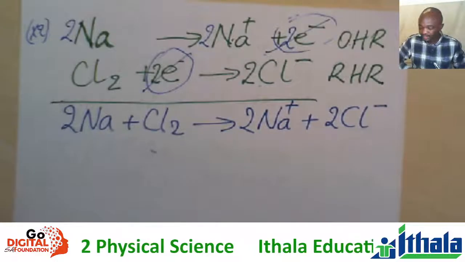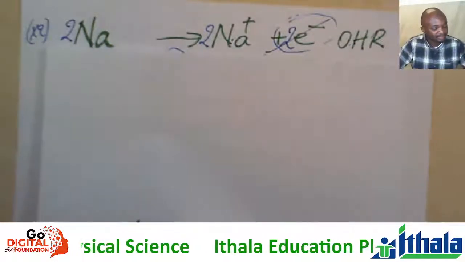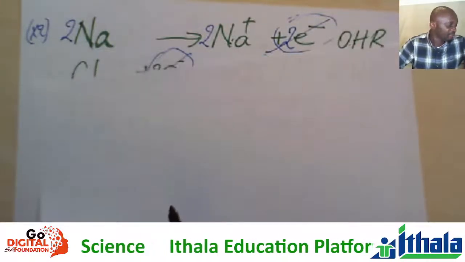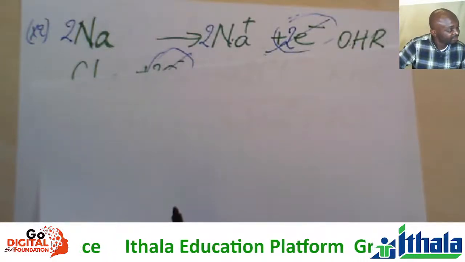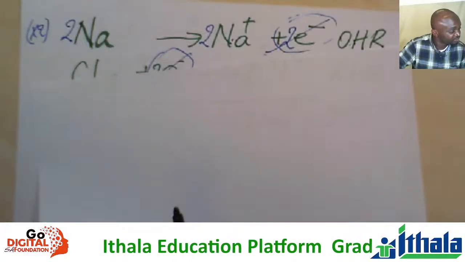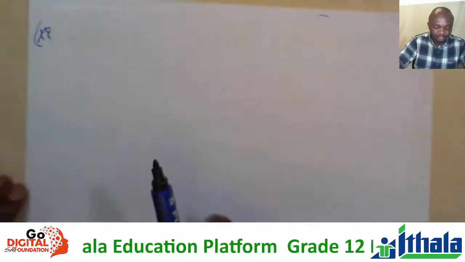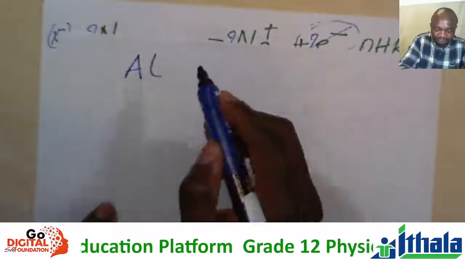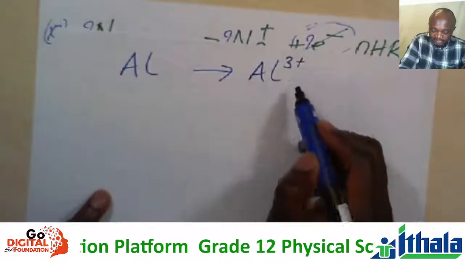Right, I want to take an example, maybe of one element, maybe aluminium. I take aluminium, and then I take another substance, maybe copper. It is aluminium and copper. Right, aluminium gives me aluminium 3 plus.